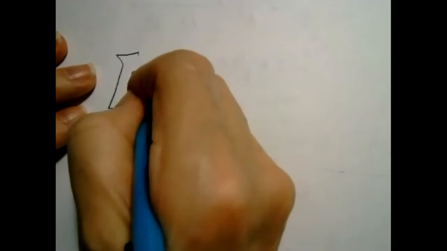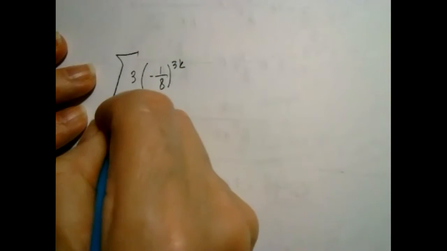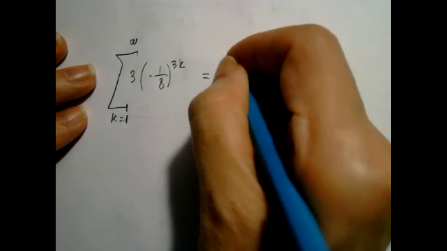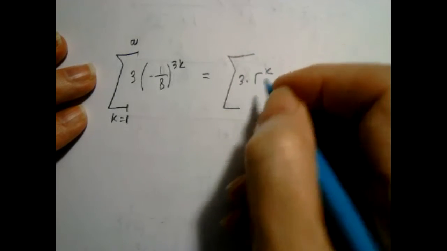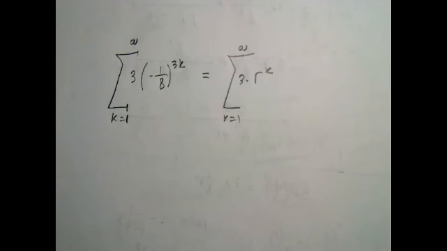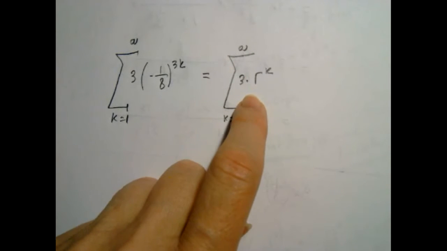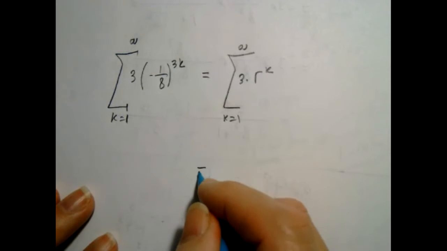Okay, before I move on to the second question, I want you to practice writing the sum correctly. This expression, the sum of -1/8 to the 3k, from 1 to infinity. If we want to write it in the format of a geometric series, 3 r to the k, how can you rewrite it?